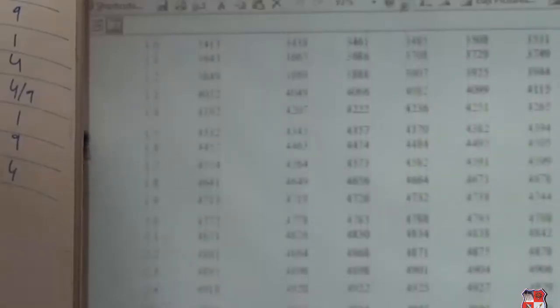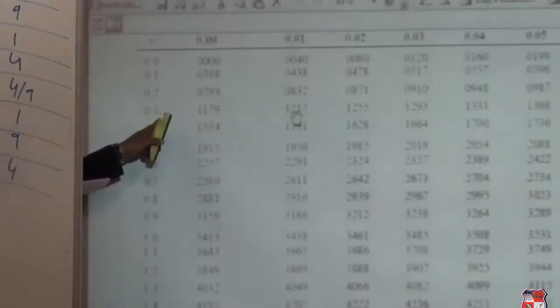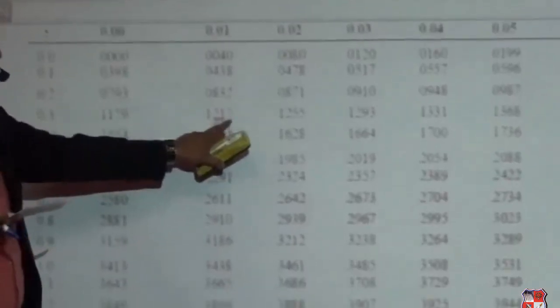Now if you see over here, this is the table of a normal distribution bell-shaped curve, and we need to find the z-score at 0.31. This is the row where 0.3 is there, and in that column it will be 1. So at 0.3 and 1, that area is over here, that is 0.1217.